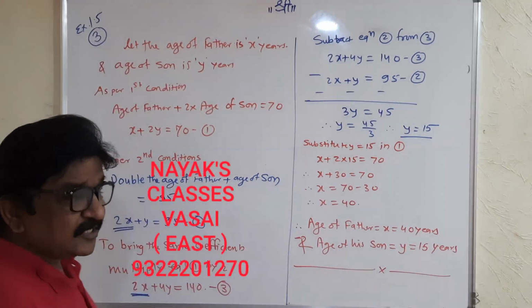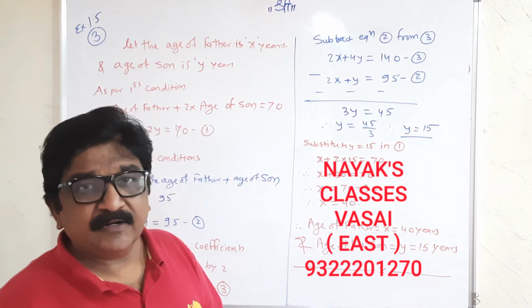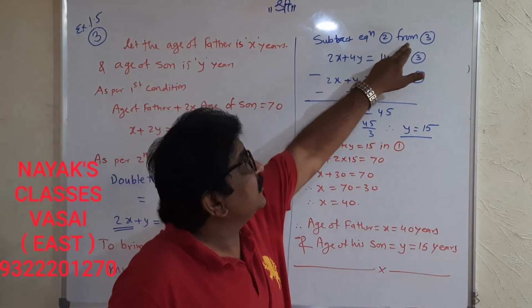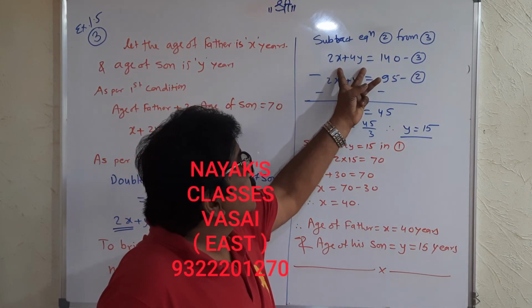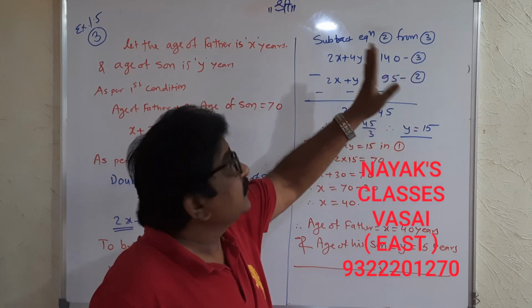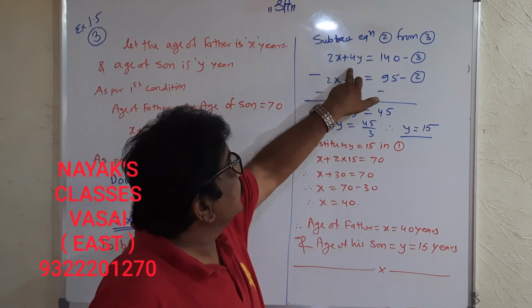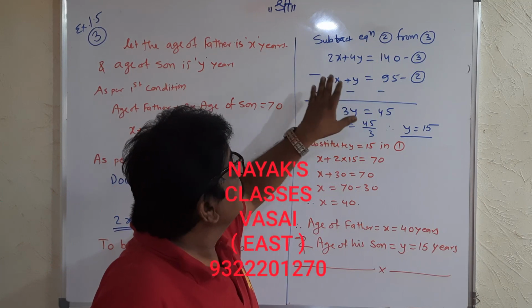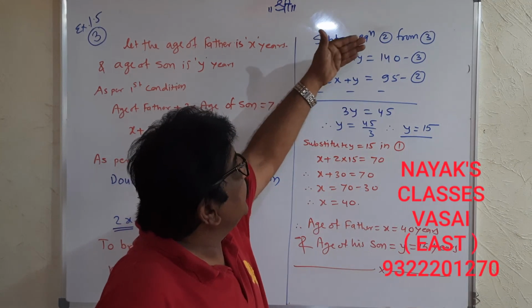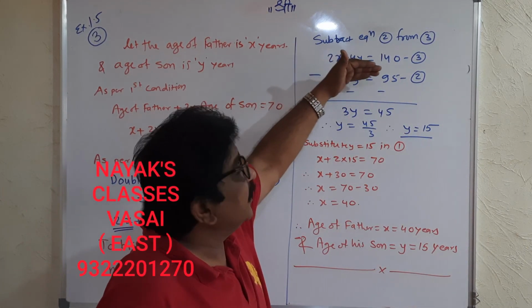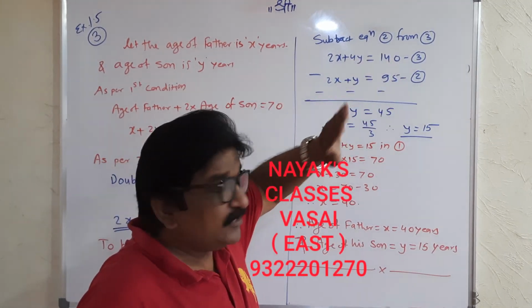When coefficients are the same, we have to subtract. Subtract equation 2 from 3. This is 3, this is 2. 2x plus 4y is equal to 140, minus 2x plus y is equal to 95.